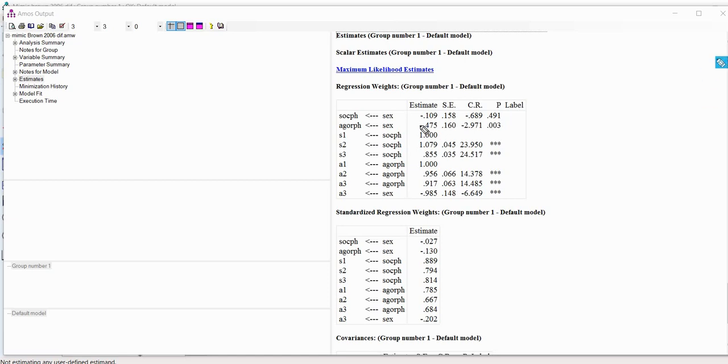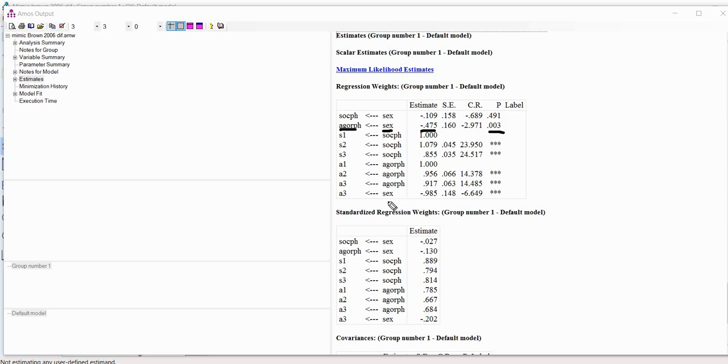On the other hand, when we look at the sex and agoraphobia relationship, you can see that we have a negative coefficient and we have significance. So it appears that persons identified as male did score lower on the latent mean for agoraphobia than persons identified as female.